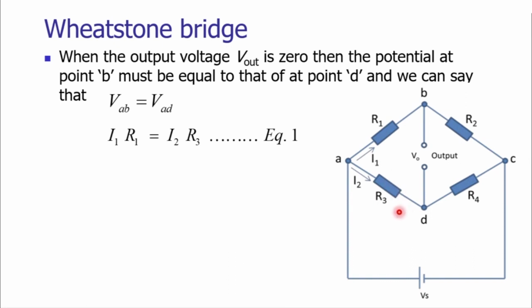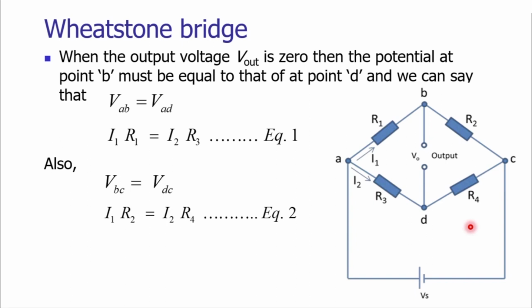If the current flowing through R1 is I1, and the current flowing through R3 is I2, then I can write VAB as I1 into R1 equal to VAD as I2 into R3. Also, the potential across R2 and the potential across R4 will be the same. Then the voltage VBC will be equal to the voltage VDC.